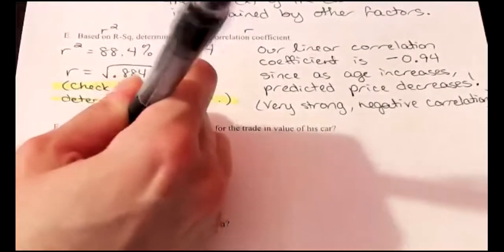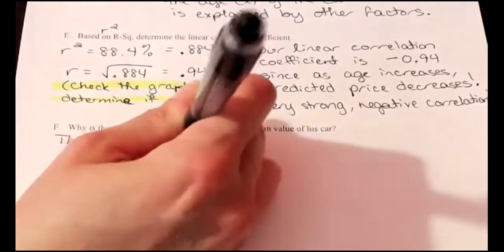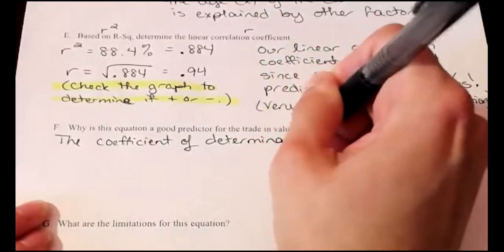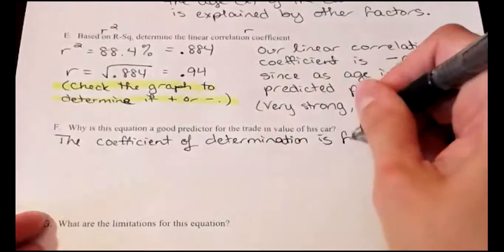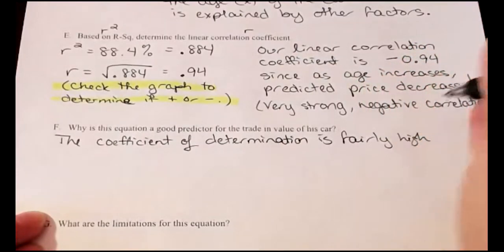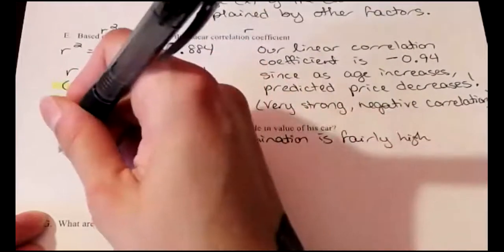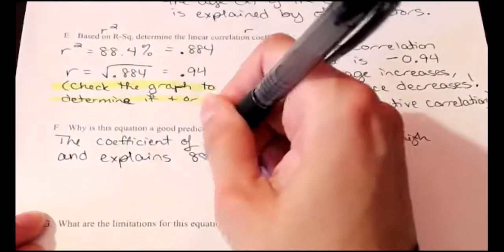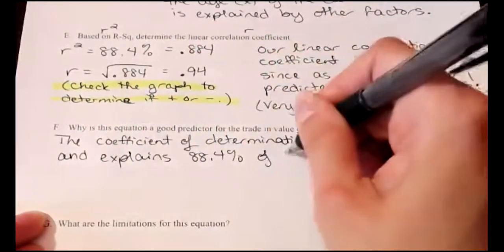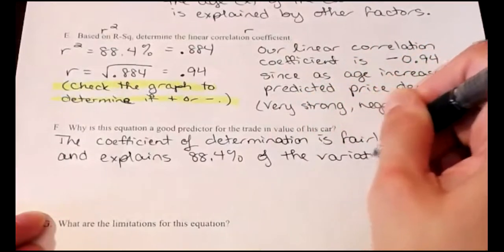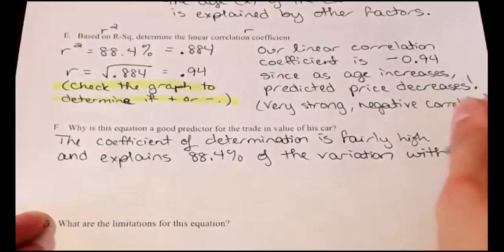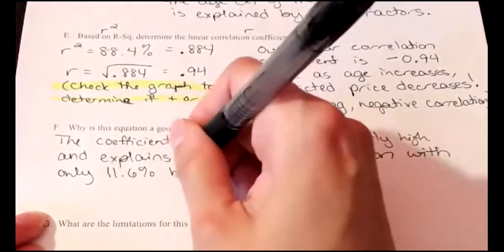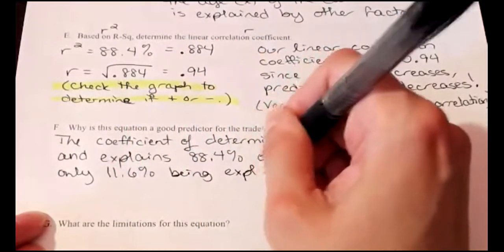The coefficient of determination is fairly high and explains 88.4% of the variation, with only 11.6% being explained by other factors.